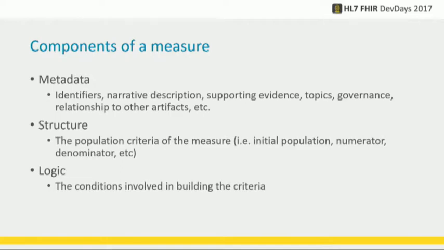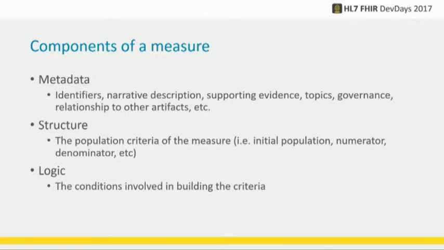Then there's the structure of the measure, what population criteria are involved. So if it's a proportion measure, what is the numerator, what is the denominator? And those are described in terms of pointers into expressions that we describe in the logic. The logic itself is where you define what the criteria is for each of these populations.